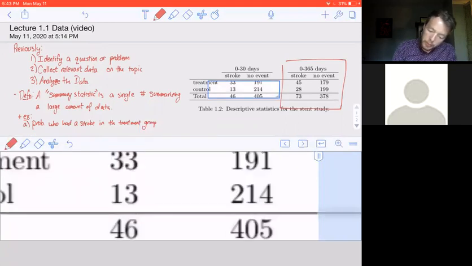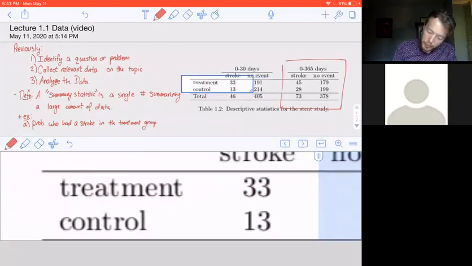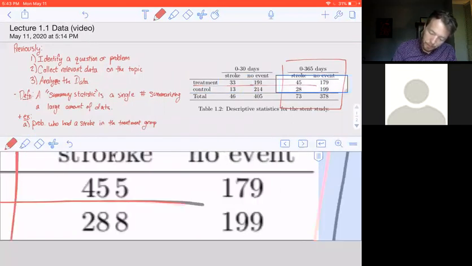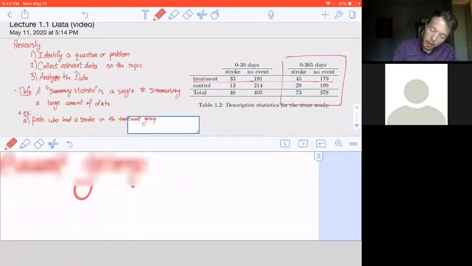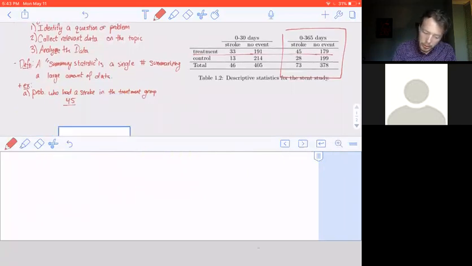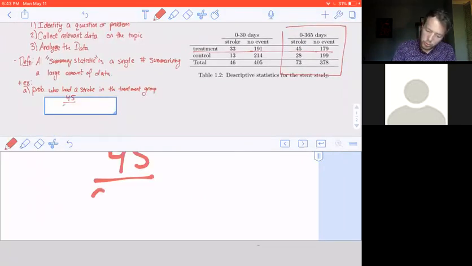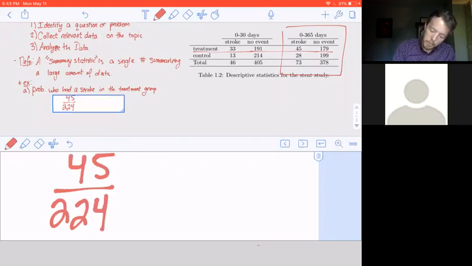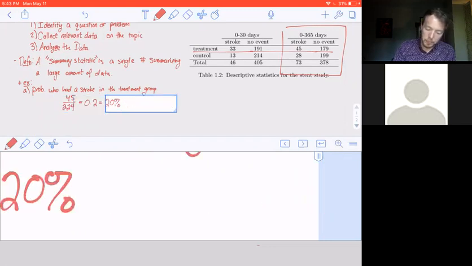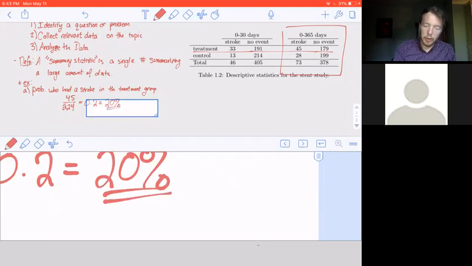So looking at our data, the treatment group is this first row right here. And it would appear that 45 of them had a stroke out of whatever the total is. I think it is 224, which is equal to 0.2, or 20%. So look at what we've done here.